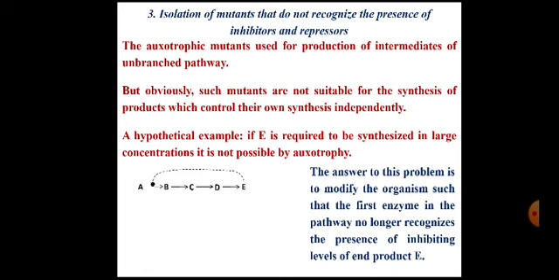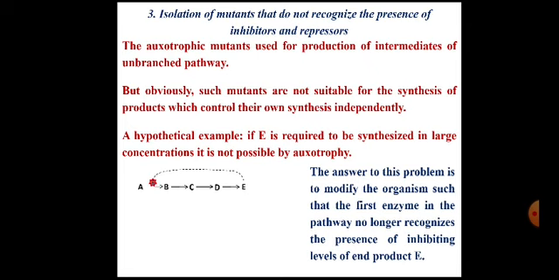That means the organism is mutated such that now it will start production of the first key enzyme, and that enzyme is a modified enzyme, resistant to the levels of E. That means that enzyme is now not recognizing E as a repressor or inhibitor.